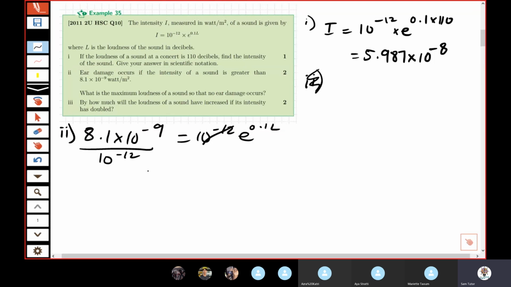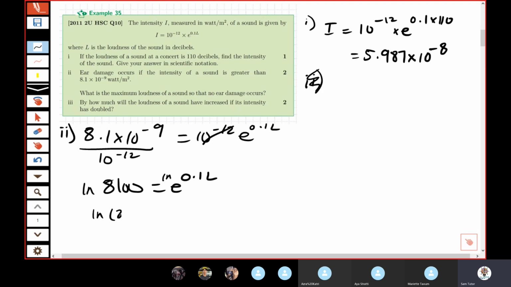Let's plug that into our calculator, get a simpler number to write, otherwise that's just annoying to write. 10 to the power of negative 9 divided by 10 to the power of negative 12. Oh, beautiful. Thank God. 8100 equals e to the power of 0.1 L. Of course, what do we do? Log both sides.